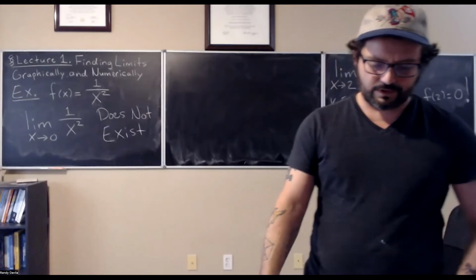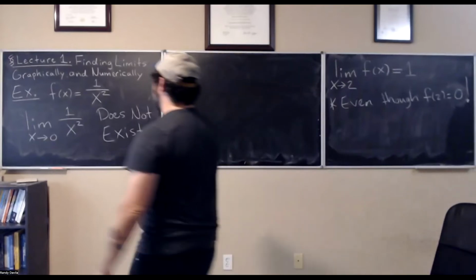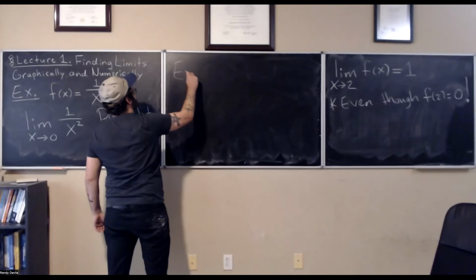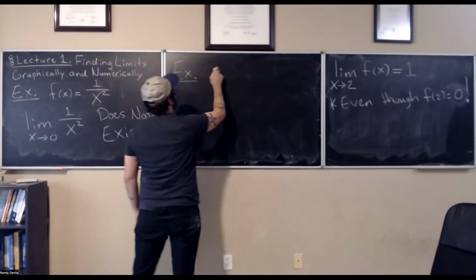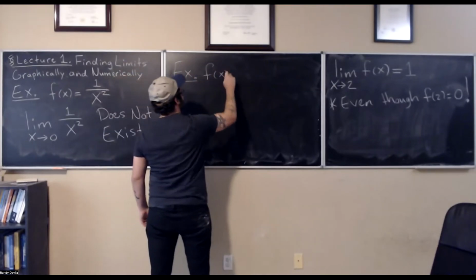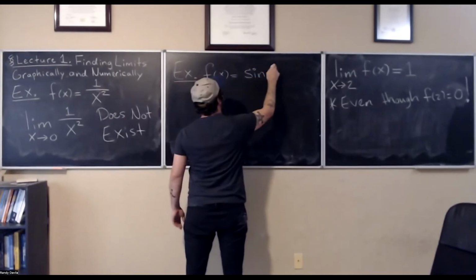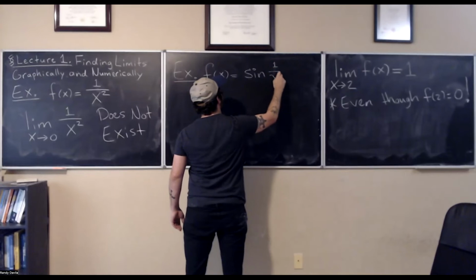And then one more example. So f of x is equal to sine of 1 over x.